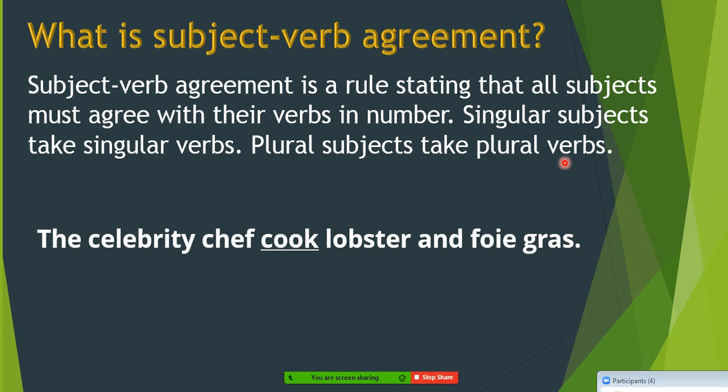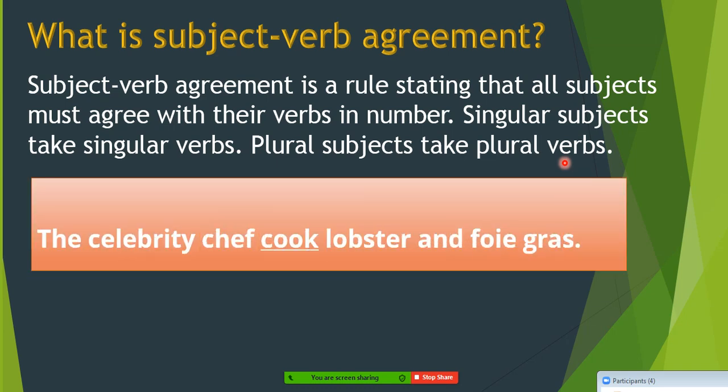But if the subject is plural, the verb should be plural too. You may ask how I can find the meaning of a plural verb or a singular verb. A plural verb is a verb that follows plural nouns or plural pronouns, and a singular verb is a verb that follows singular nouns or singular pronouns.